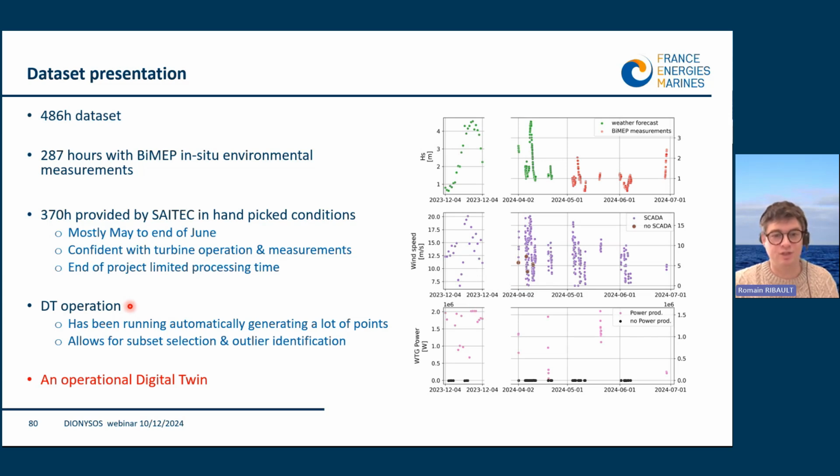By doing so, we can subset some selection to compare the model with a good data set, but we can also identify outliers in the model and measurements, and there is a lot of knowledge to take from this identification.